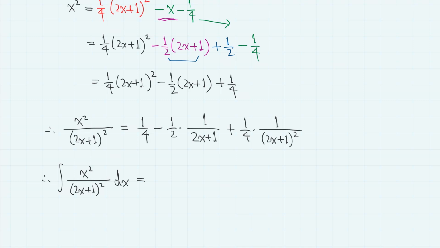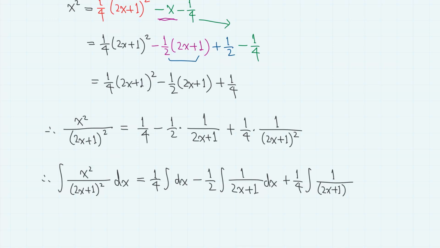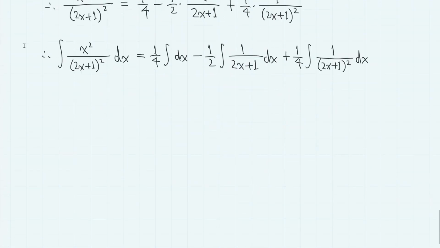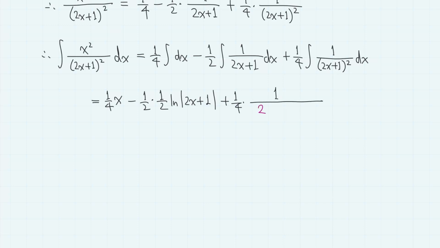Now let's integrate each term. So we have 1 over 4 times integral of 1, minus 1 over 2 times integral of 1 over 2x plus 1, and plus 1 over 4 times integral of 1 over (2x plus 1) squared, which gives 1 over 4x minus 1 over 2 times 1 over 2 times ln absolute value of 2x plus 1 plus 1 over 4 times 1 over 2 from here, negative 1 from here, and negative first power of 2x plus 1 plus c.